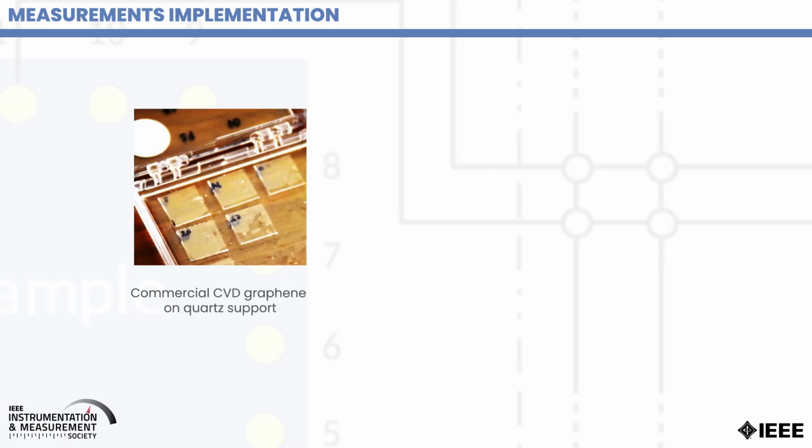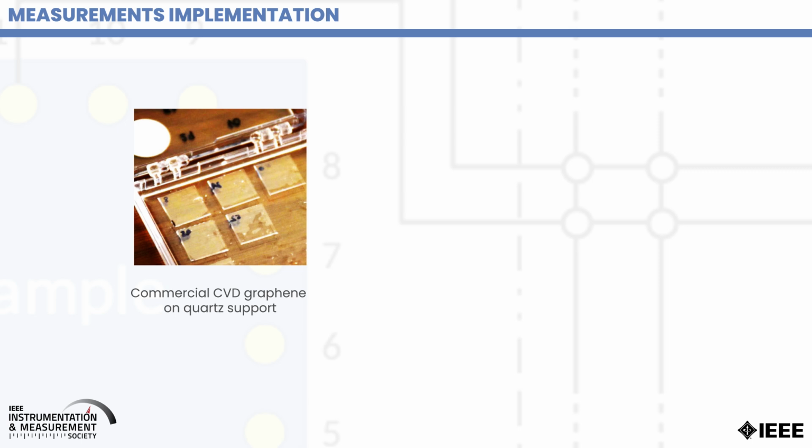In this example, we consider commercial chemical vapor deposition graphene samples which have been mapped by electrical resistance tomography. As you can see, the sample looks transparent, so optical techniques maybe are less indicated for this kind of investigation.